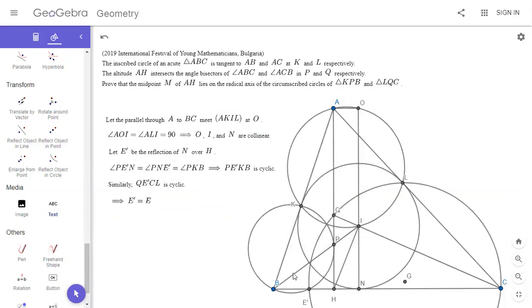And then we could just call this E for now.